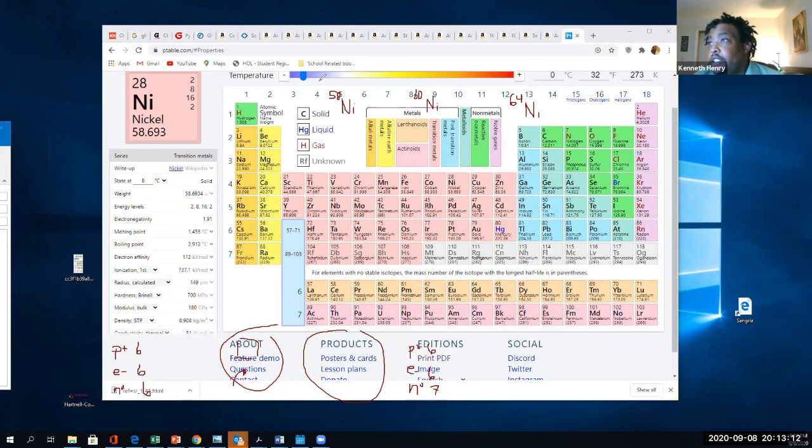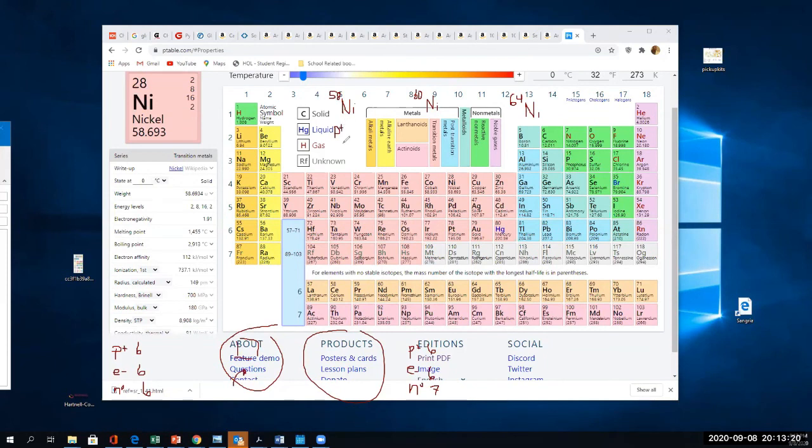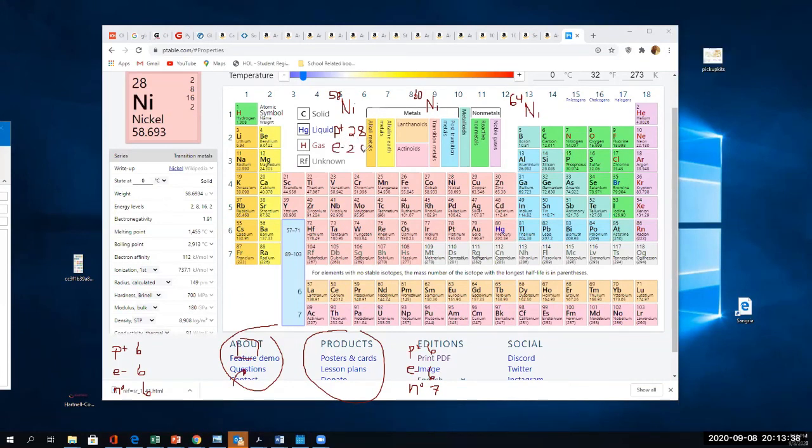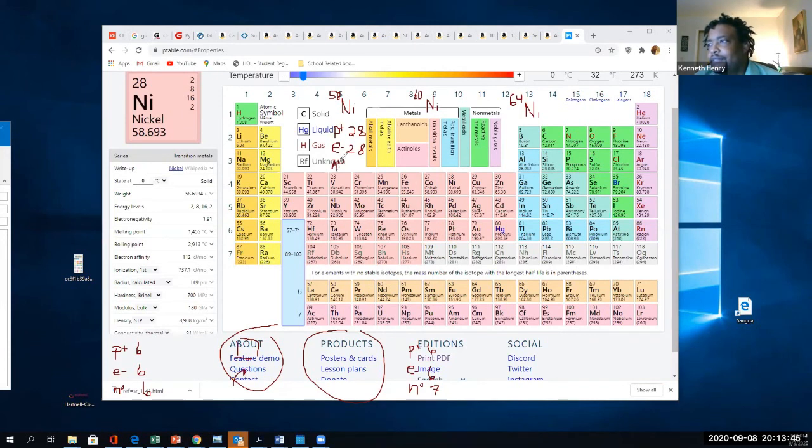For this first isotope of nickel, how many protons does it have? 28. How many electrons? 28. How many neutrons? 30.